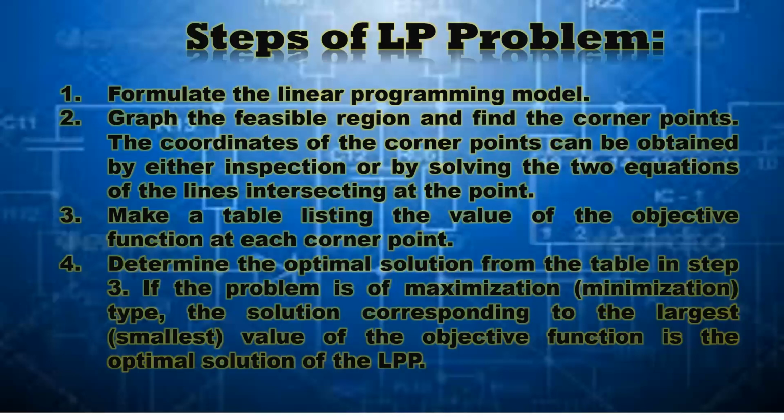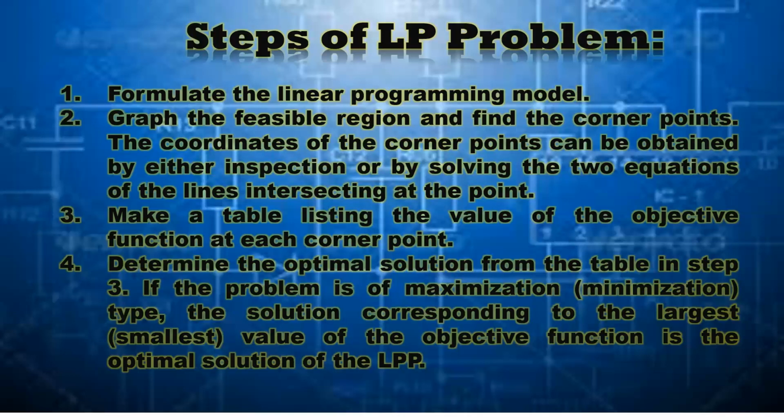Number three, we need to make a table listing the value of the objective function at each corner point. As you have already identified all of the corner points, now we are going to substitute the values of these points in the objective function by creating a table.